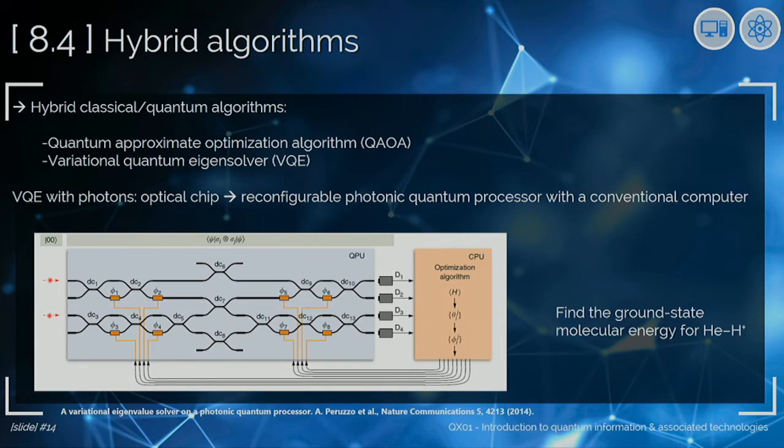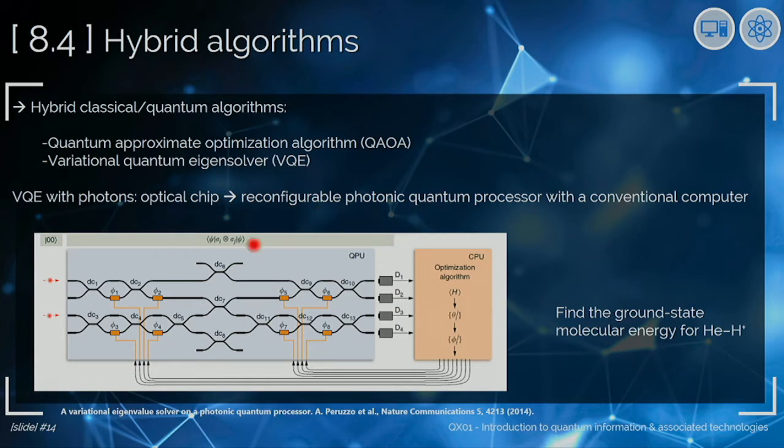There is a lot of interest in hybrid classical-quantum algorithms, and there are two families. The first is the quantum approximate optimization algorithm, or QAOA, and the second, although the two are related, is the so-called VQE, the Variational Quantum Eigensolver.